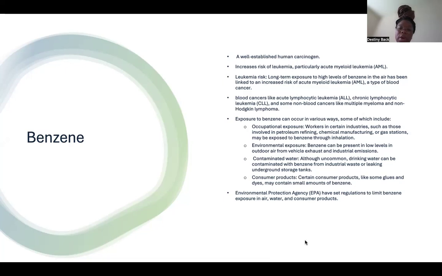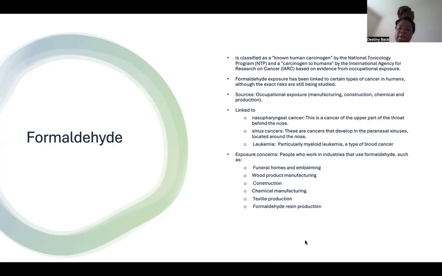Contaminated water is another possible source, although it's uncommon. Drinking water can be contaminated with benzene from industrial waste or leaking underground storage tanks. Consumer products, like some glues and dyes, may contain small amounts of benzene. The Environmental Protection Agency has set regulations to limit benzene exposure in the air, water, and consumer products.